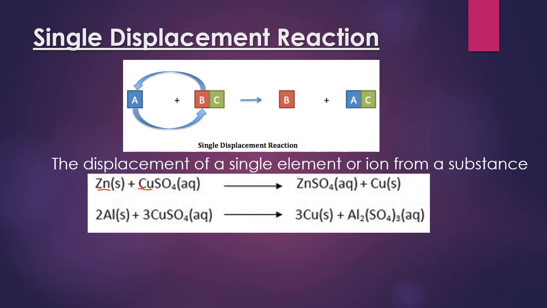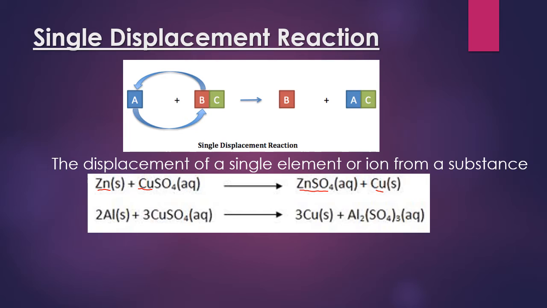Okay, so in this example down here, we have zinc by itself in its elemental form, and it's going to kick copper out of its spot so that zinc is now with SO4 in a compound and copper ends up by itself. So it's replacing or displacing one element for another.